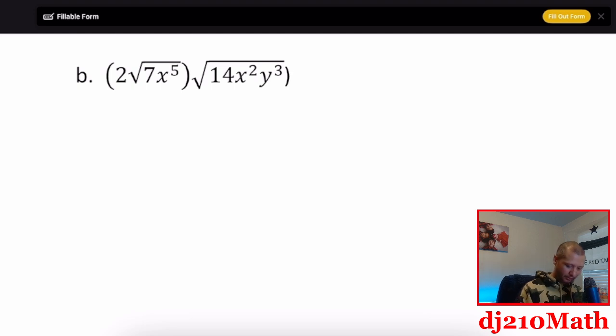How do we want to do this? So first off, note there is a set of parentheses missing. Okay, outside is going to be 2. Inside.